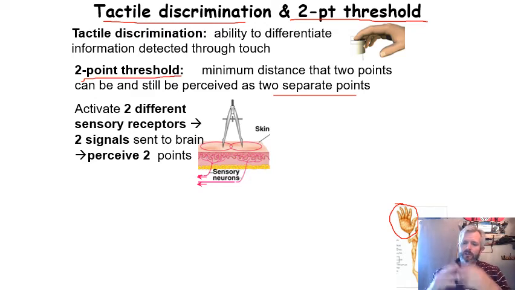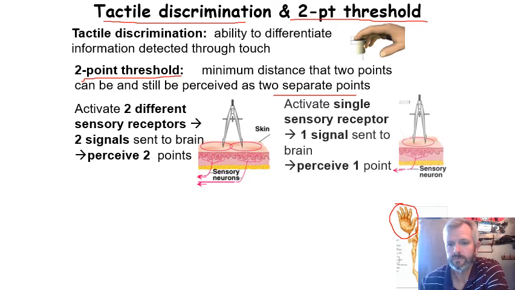But if we have low amounts of receptors in a certain region, each receptor is going to have a larger field to cover that larger area. That's what we see here: this would be a large receptive field for a receptor on this side.